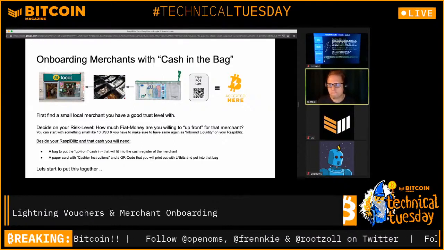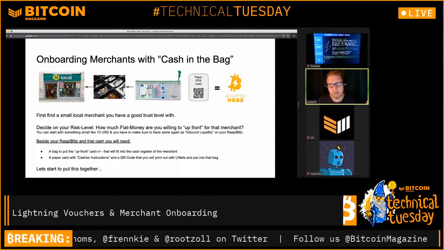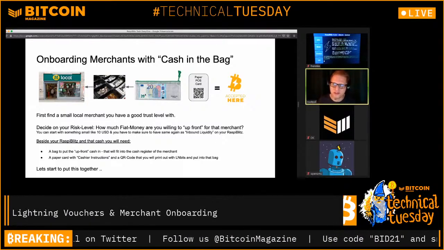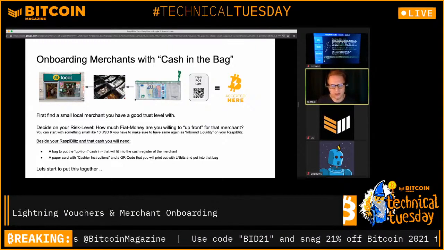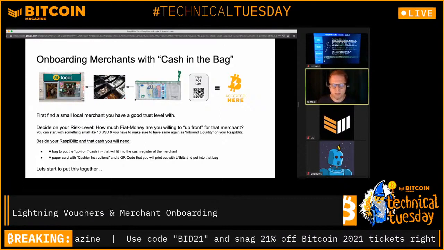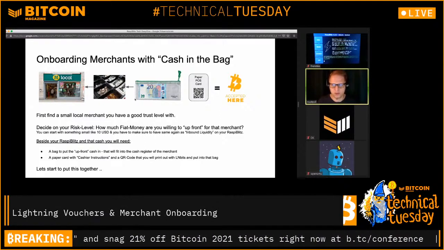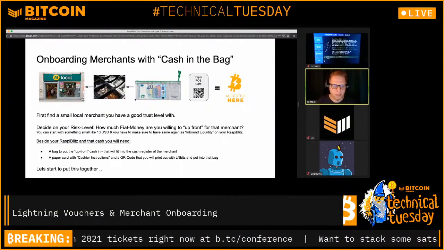So can you run away? Yes. Can you say I never got your bag? Yes. But it's your local merchant. You can really start low, for example with $10 or something. So don't get too crazy in the beginning, just experimental, and it's just about onboarding with small amounts. So it should be possible to take the risk of $10 here.